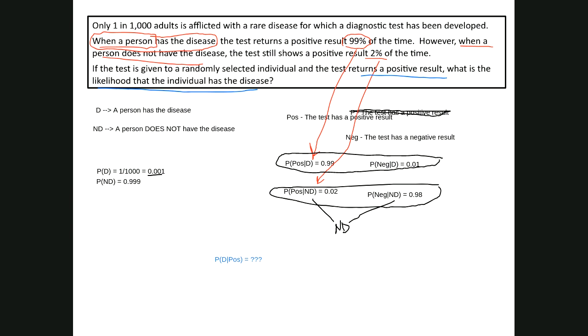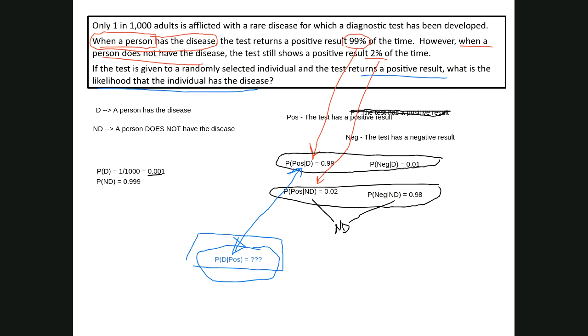And I want you to notice again, this is very different from this. They're not the same thing. We're going to calculate this value, the answer to the question, using Bayes' rule.